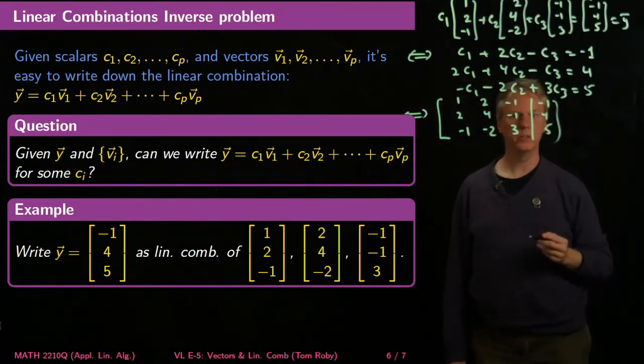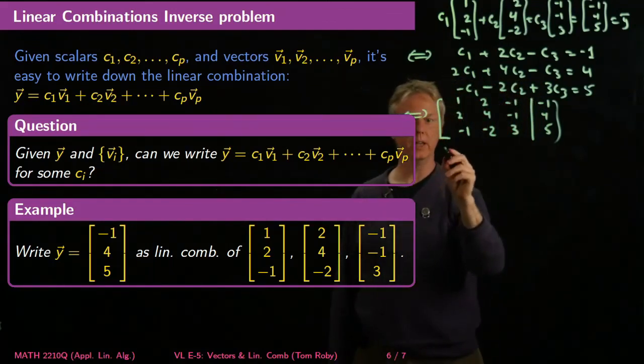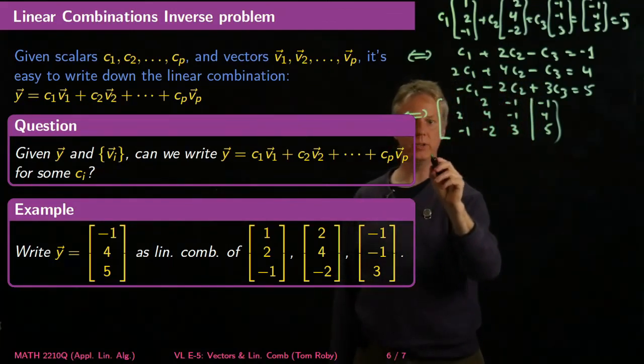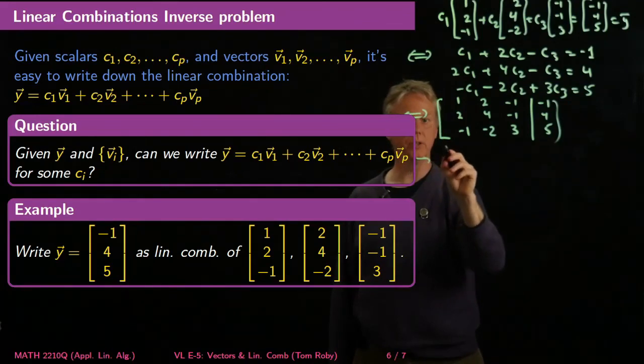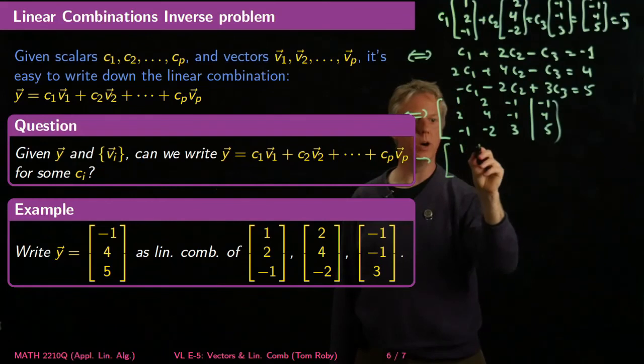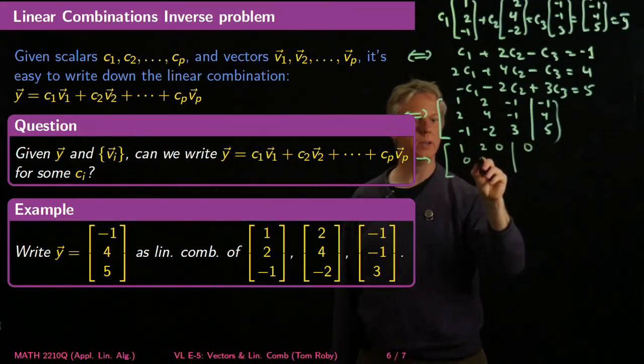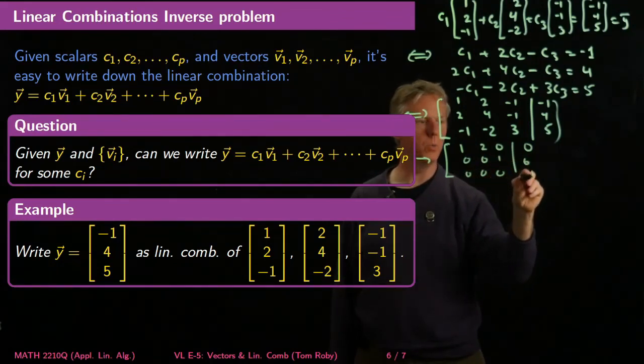So it's equivalent to solving that. And so now, what do I need to do with that? Well, I need to do row reduction, and I won't show you the details now, but I encourage you to work them out at home. If you row reduce this, you get 1, 2, 0, 0, 0, 0, 1, 6, 0, 0, 0, 1.